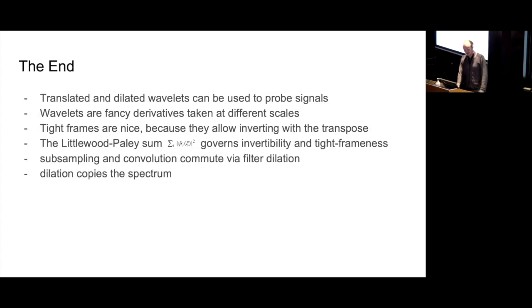They're fancy derivatives. Tight frames are useful. This Littlewood-Paley sum of squared Fourier transformed wavelets governs invertibility. There's some other stuff that I didn't tell you that I'm happy to talk about at another point. And that concludes my talk. Thank you.